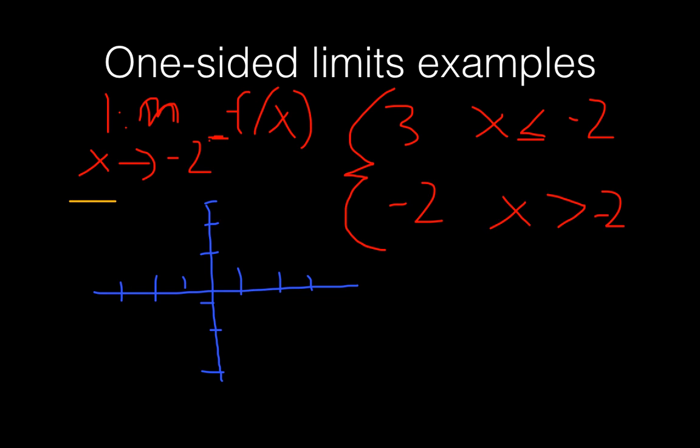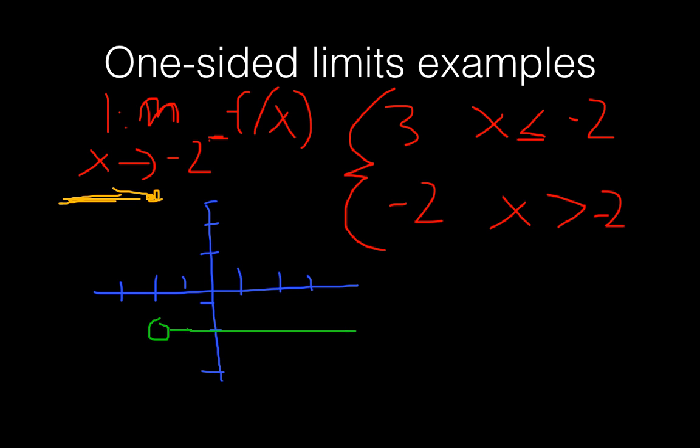So the value is 3: x is equal to 3 all the way up to the point of negative 2, so right there. And then when x equals negative 2, it'll go from the point of negative 2 all the way there, except there'll be a hole at negative 2.